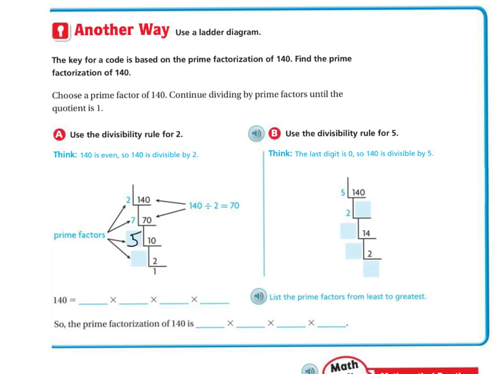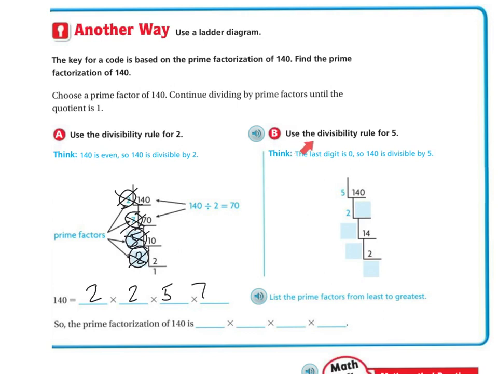And then 2 divided by 2 is going to give me the 1, and now I'm down to its prime factorization. So this would be like the bottom of my tree when I did it the tree way. So we have 2, and remember we have to do them in numerical order. We have another 2, and then we have a 5, and then we have a 7.